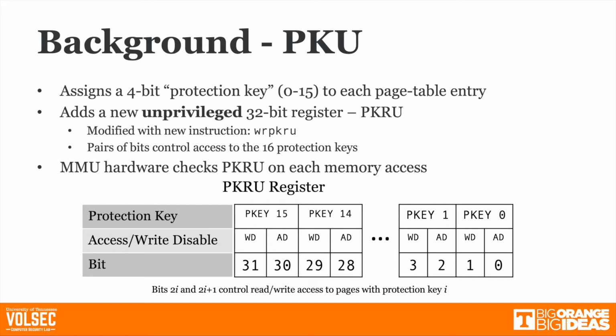Then a new hardware unit checks the PKRU value against the protection key of the page on every memory access and determines whether or not the access is allowed. And in the event that access is denied, the operating system will typically terminate the process with a seg fault.